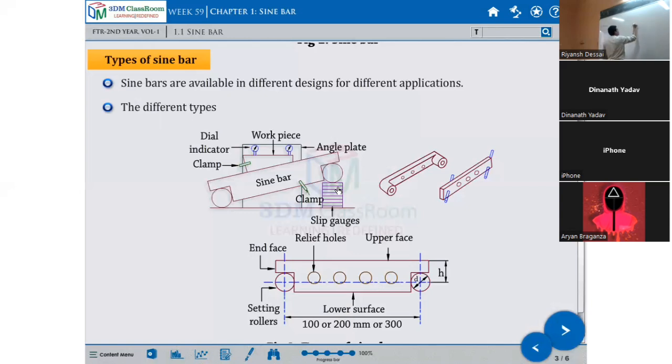Center to center. One dial here, one dial here.